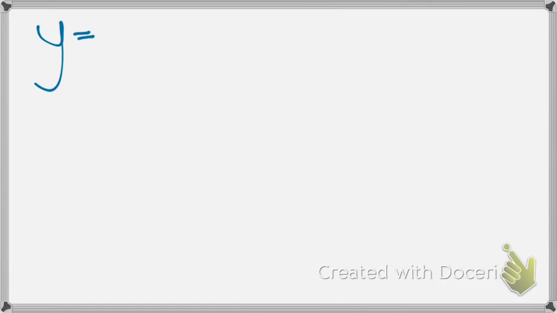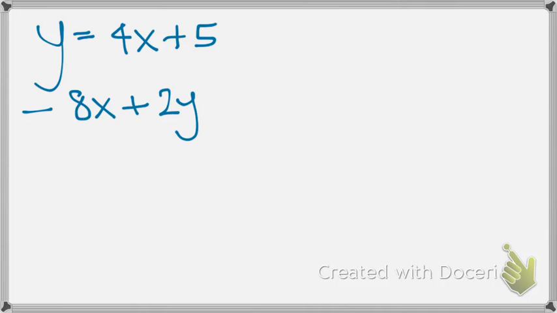Just let's say we have y equals 4x plus 5. And we have, let's say, negative 8x plus 2y equals 10. So in this one, we're going to go and solve it for x and y. So we need a variable that's all by itself, and in this case, we've got y.